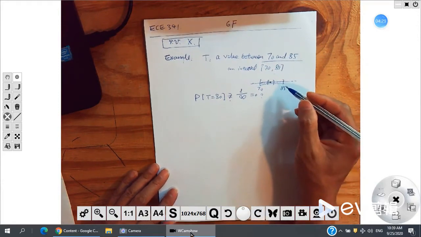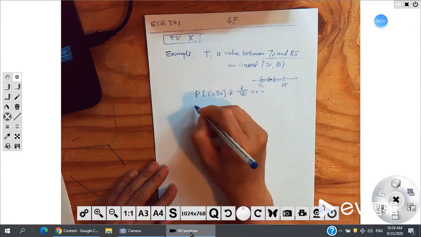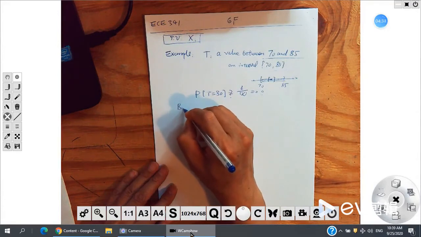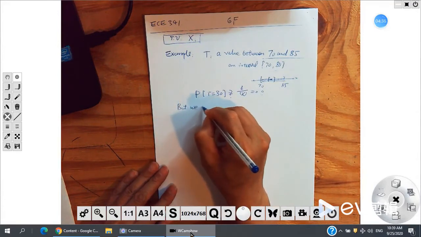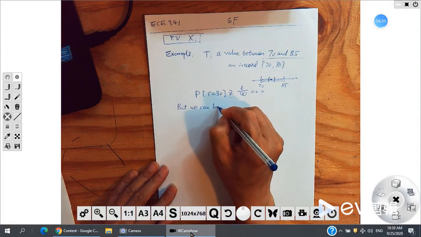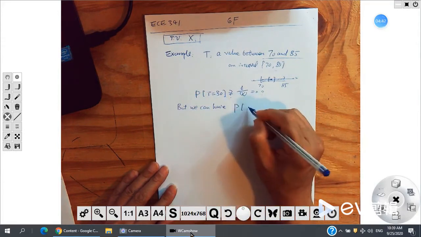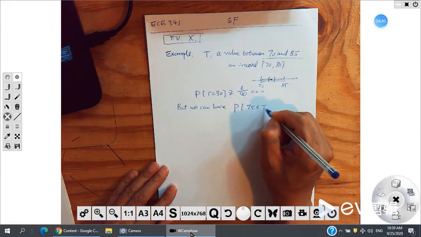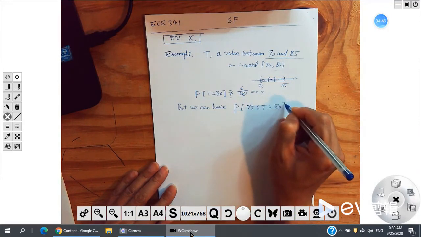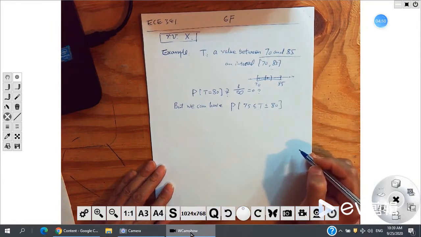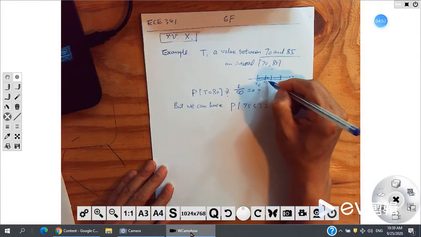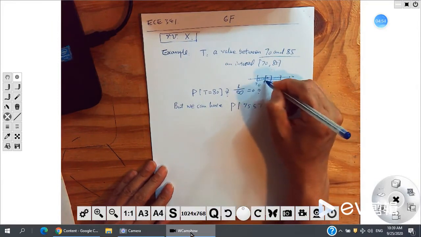So in this case, we can have the probability that the temperature is between 75 and 80.